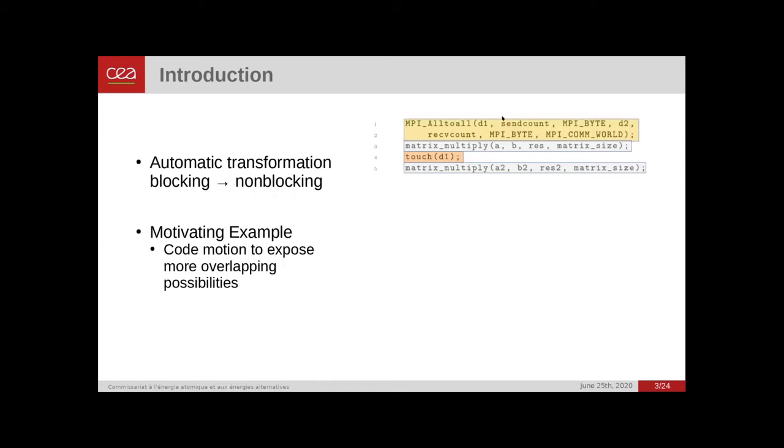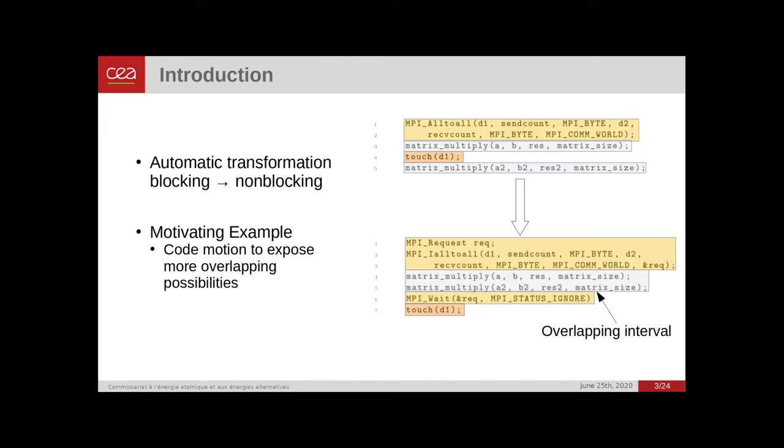Now we will transform this code into a non-blocking call. Here you have the MPI_Ialltoall and its request, and the completion call that is matched to the communication.